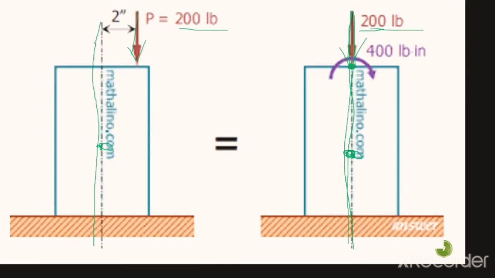Right? But here if you see, there is some distance between the point of application of compressive force and also the axis, and the distance between these two things is denoted by small e, which is called as eccentricity.